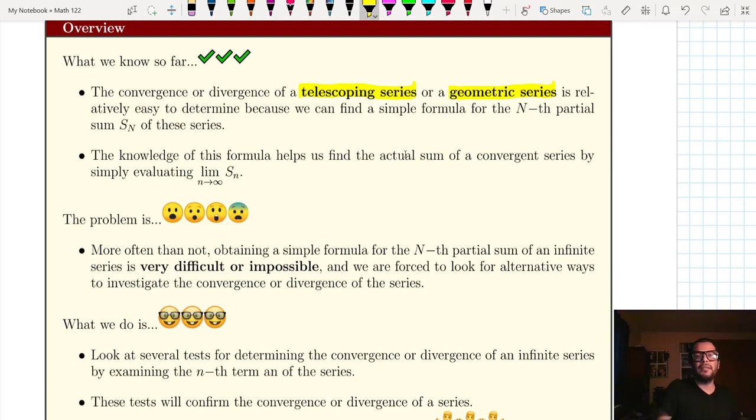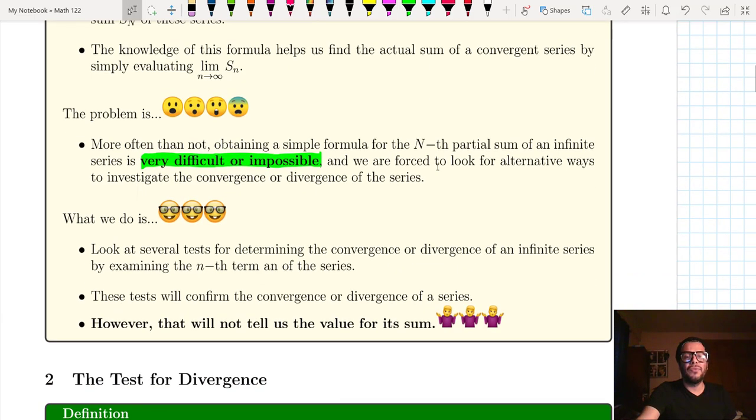The problem is that not every single series makes it possible to come up with such a sequence of partial sums. So in this section, we are only going to determine whether a series converges or diverges, which is what we investigate. We are no longer going to care about what the value of the sum is.